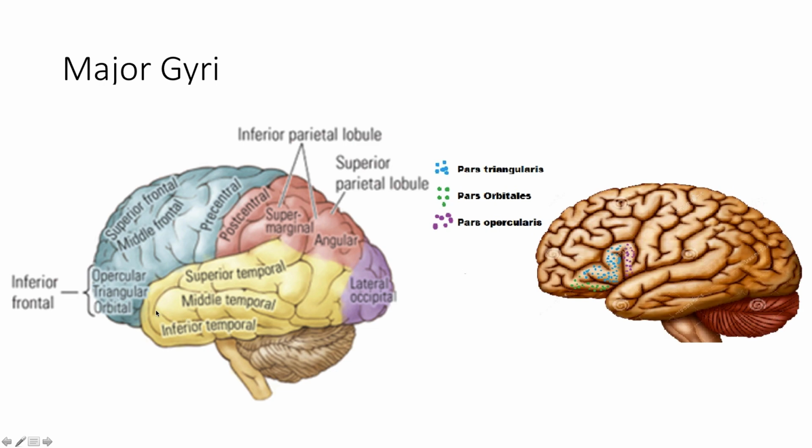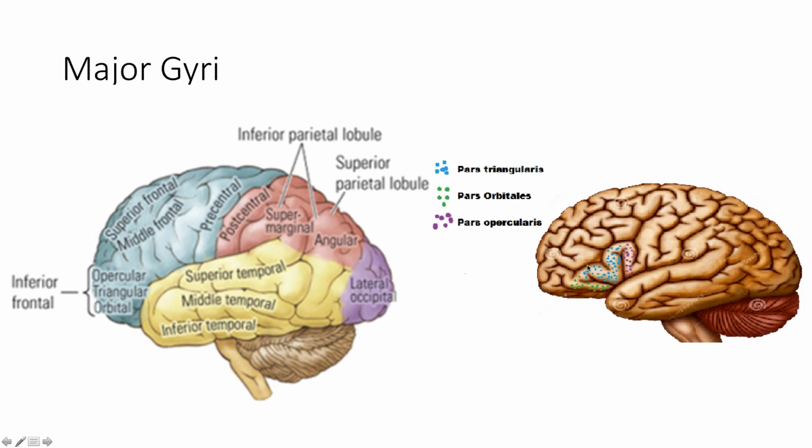And all the way at the superior temporal sulcus, you have the angular gyrus. Right above that, you have the superior parietal lobule and the inferior parietal lobule. And then last but not least, in the occipital lobe, we often just call them lateral occipital gyri.